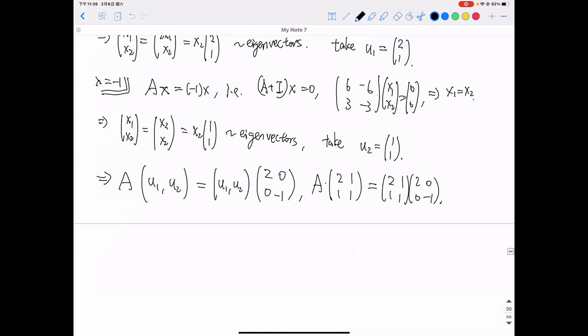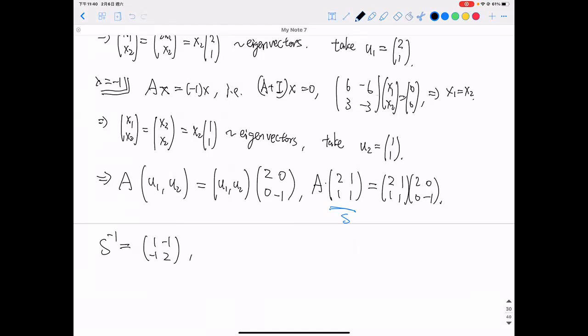Let's call this matrix S. And we need to compute S inverse. This isn't too bad because it's a 2 by 2 example, so we can basically read it off.